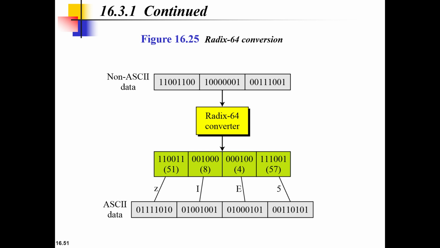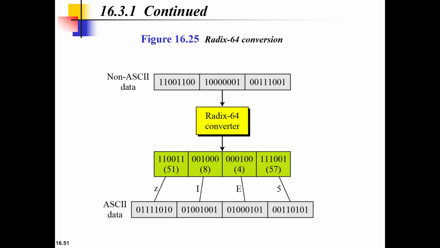Next is Radix 64. This is the solution for sending data made of bytes when the highest bit is not necessarily 0. Radix 64 transforms this type of data to printable characters, which can then be sent as ASCII characters or any type of character set supported by the underlying mail transfer mechanism.